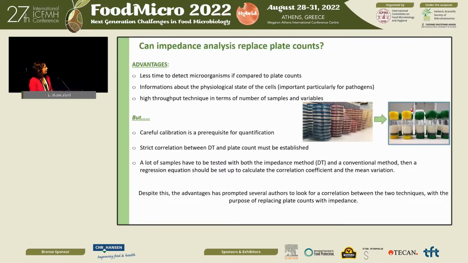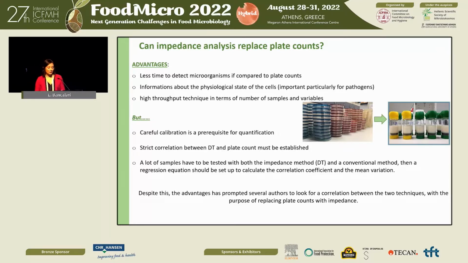But is it really possible to replace plate counts with impedometric analysis? Scientists have tried for years because of its evident advantages, because this technique is very fast, and it also gives information about the physiological state of the microorganism we are analyzing, and it allows the analysis of a lot of samples at the same time.